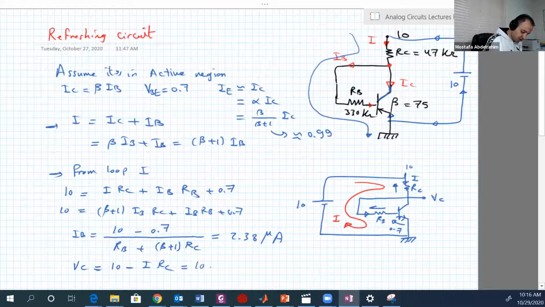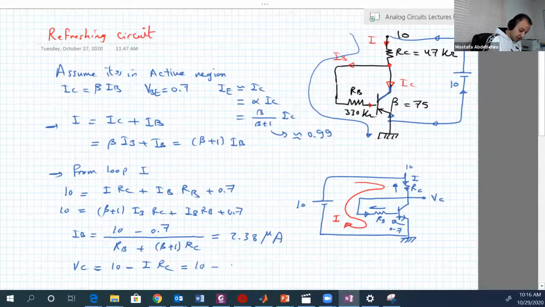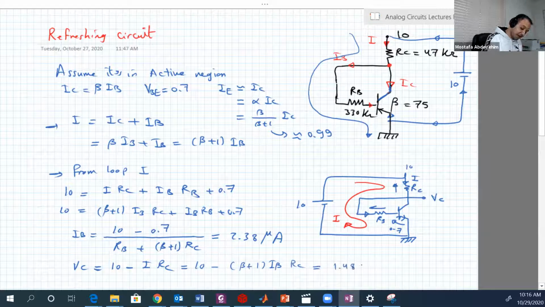So 10, and I can be calculated easily. I is just IC plus IB, and IC is beta IB, so it's beta plus 1 IB. As we said, I is just the emitter current, multiplied by RC. If we calculate this, it will be 1.486 volt.